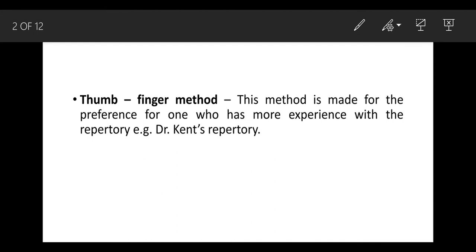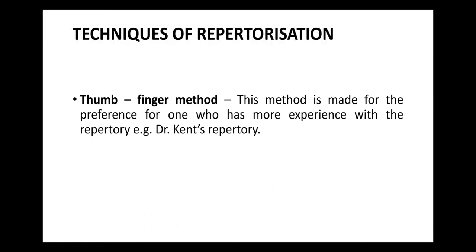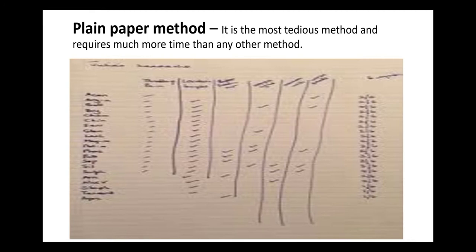So this method depends upon the ability of the individual physician and knowledge of materia medica and allied aspects. Plain paper method. It is the most tedious method and requires much more time than any other method, because in this process we take a plain paper, write the name of the rubric, and the medicines each rubric contains are also written by the physician himself.